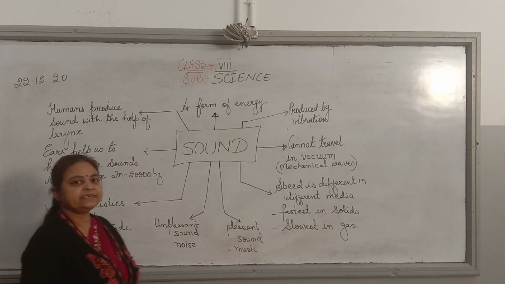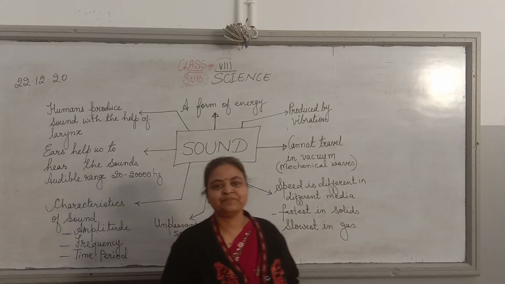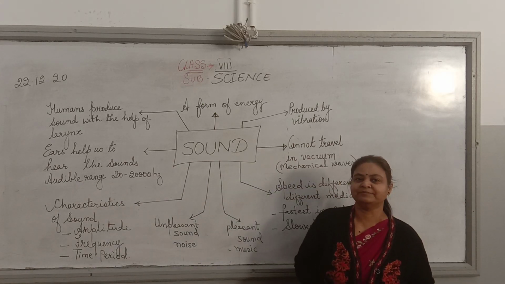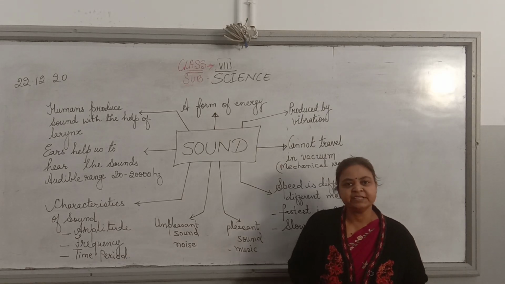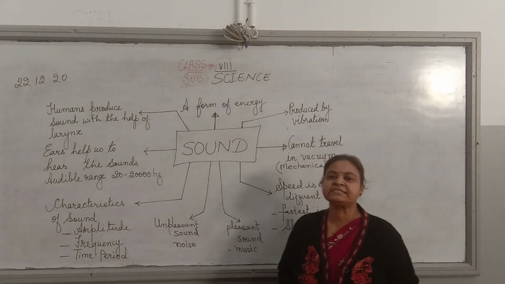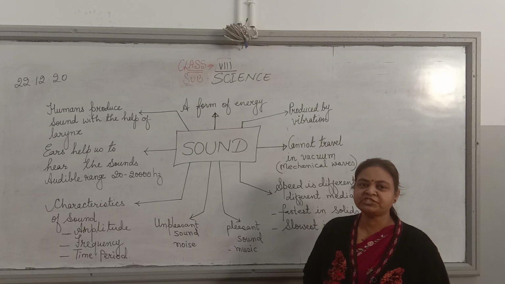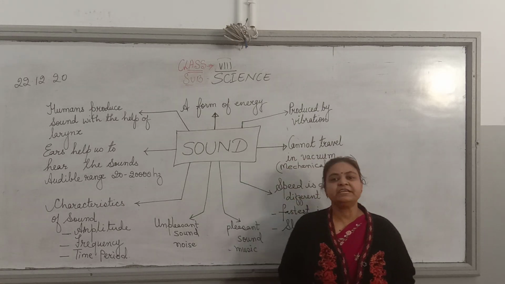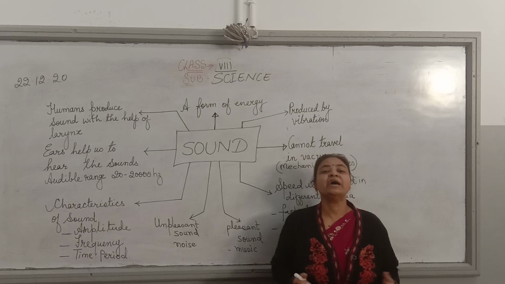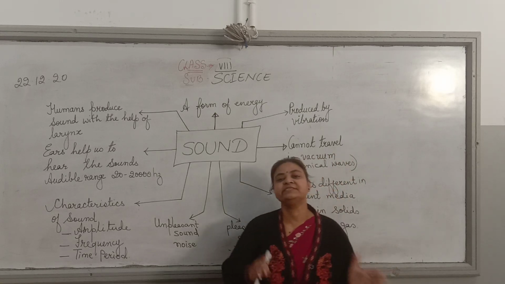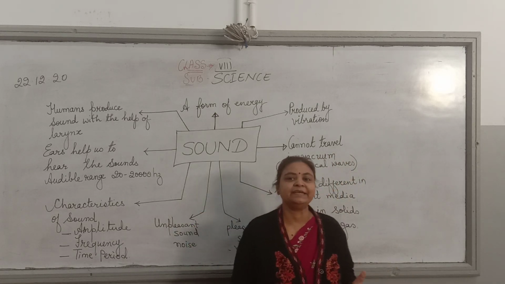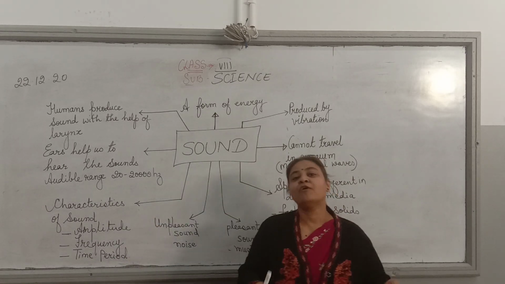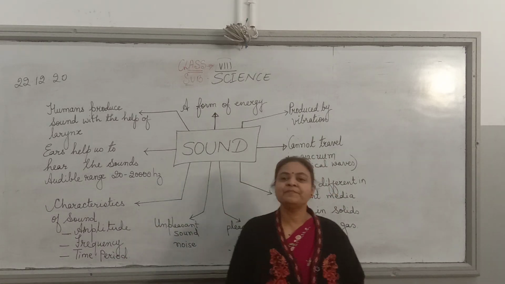So the question arises: what is sound, how is it produced, and how are we able to hear the sound? In this chapter we are going to discuss all these questions. Besides that, we will also discuss the different characteristics of sound, why we are able to identify one sound from the other, how you can identify that it's your father's voice or your mother's voice or the voice of your friend.